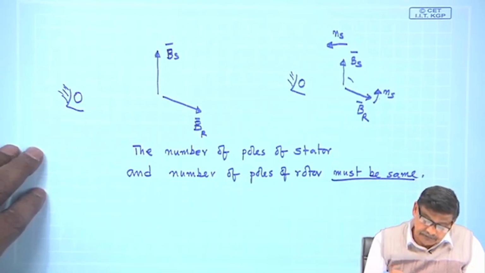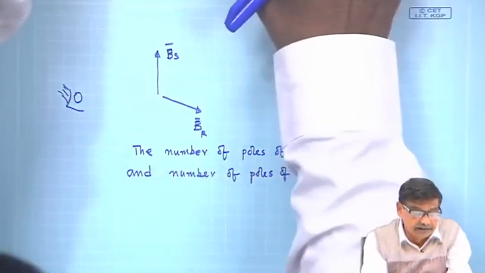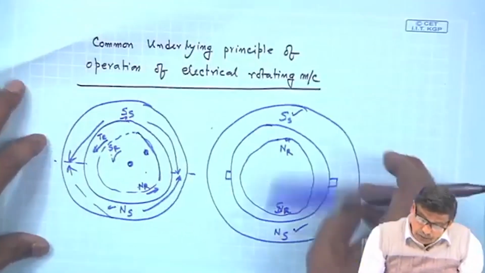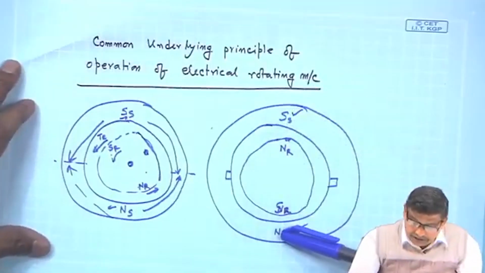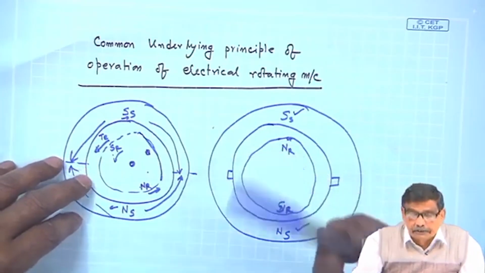This is a must. For example, in this example we have a machine where two poles are there, S S N S for the stator, and also two poles are there for rotor, N R S R.